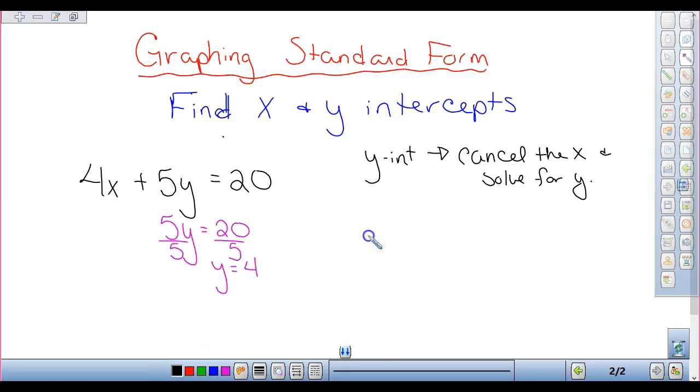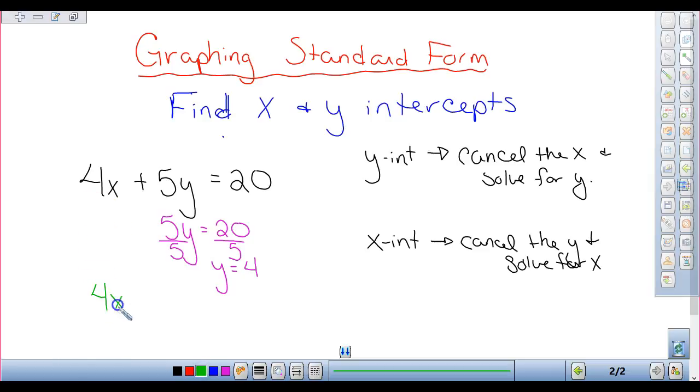Okay, if I'm going to find my x-intercept, I'm going to do just the opposite. I'm going to cancel the y and solve for x. Okay, so if I cancel the y, what do I have?